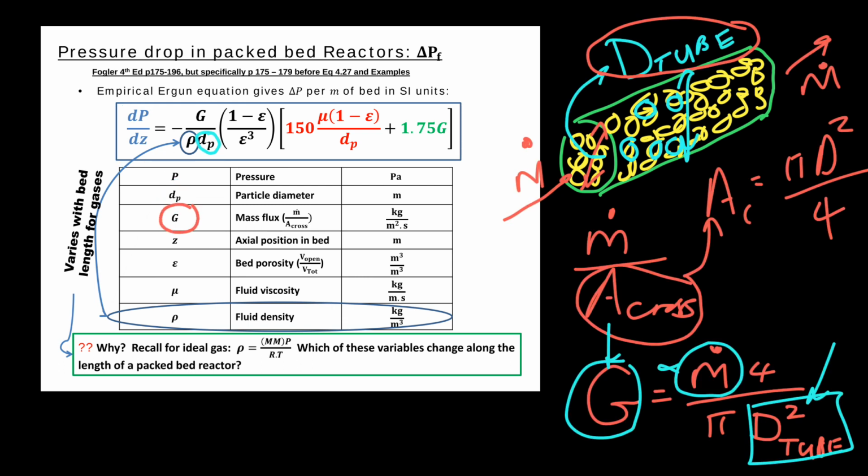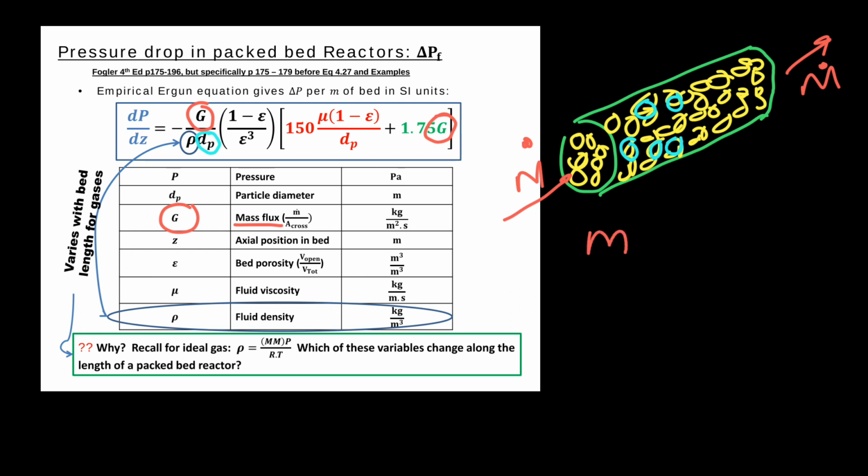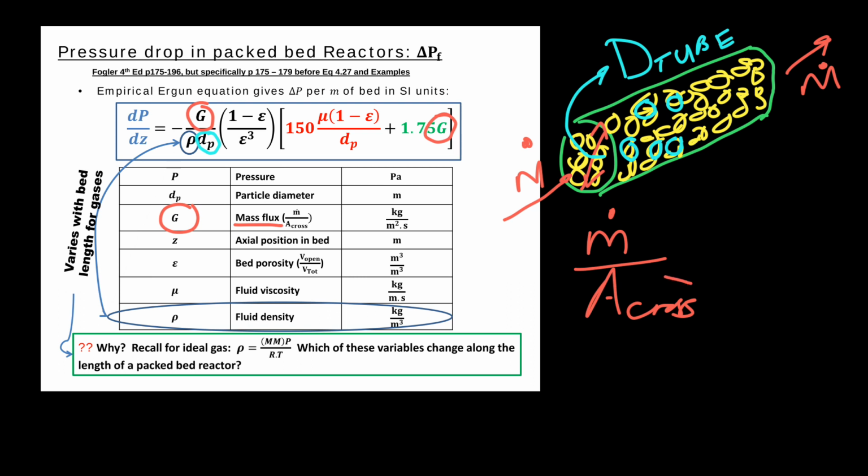This G, or mass flux term that appears twice in my Ergun equation, is calculated by taking the mass flow rate in kilograms per second and dividing it by the cross-sectional area of my tube over which I am doing this balance. And of course, this cross-sectional area depends on the diameter of my tubes or tube in my reactor, and that is a variable that the design engineer will have control over.